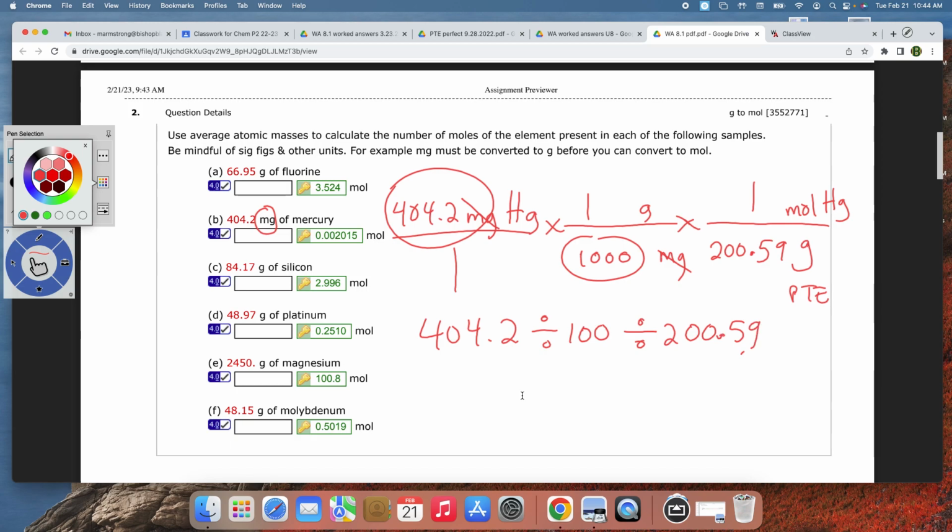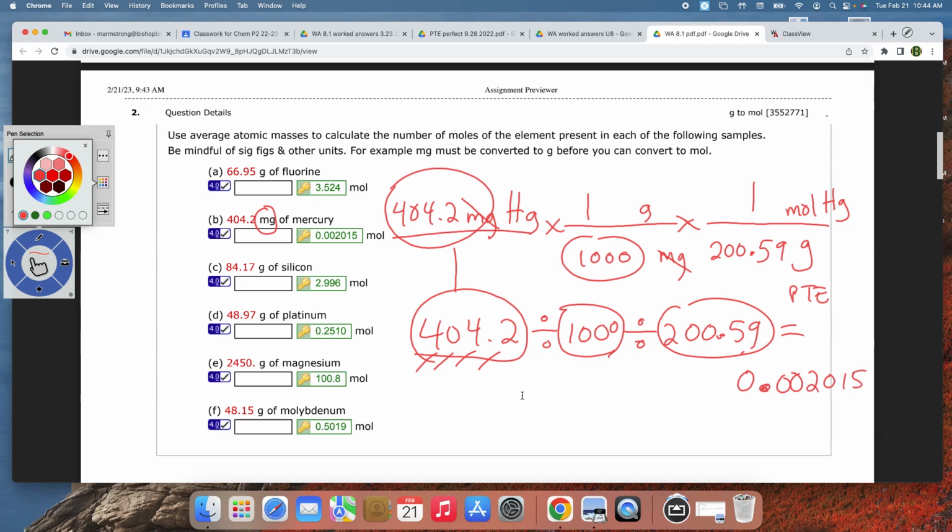So if you're like me and I take a lot of shortcuts in my calculator, I would do 404.2 divided by 1,000 divided by 200.59, and then I would hit enter. And we started with 1, 2, 3, 4 sig figs, so we should end with 4 sig figs. It looks like this answer is 0.002015. Make sure you have that there. You could write it in scientific notation also, and that's moles of mercury.